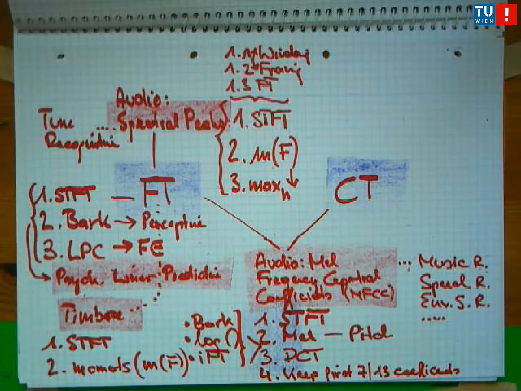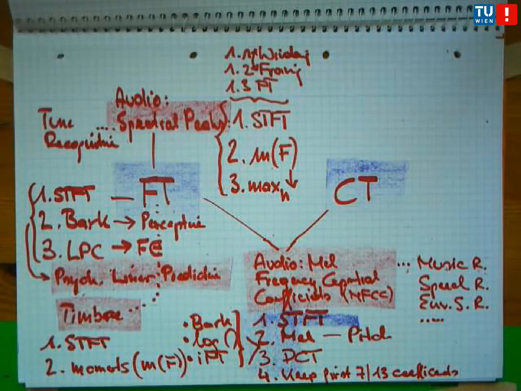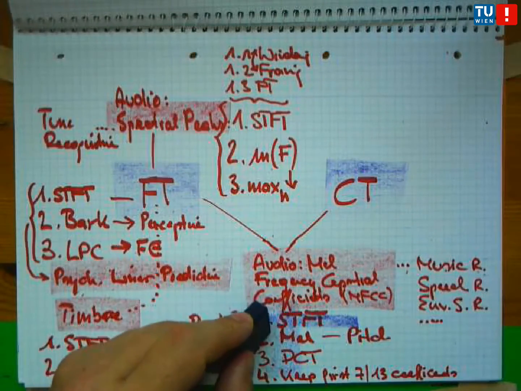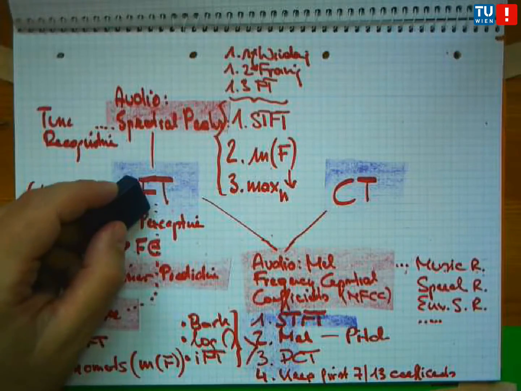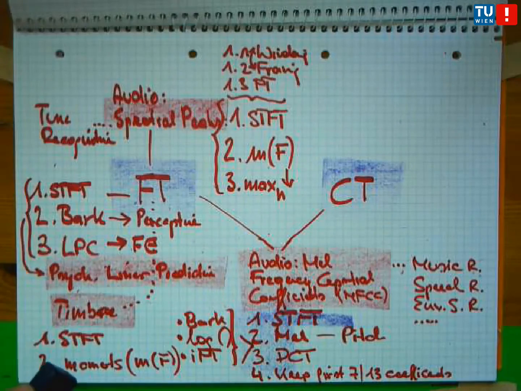So what are the individual components? Obviously, short-time Fourier transformation brings us with windowing, for example, a Hamming window, into the spectral domain. So all the coefficients now are the similarity of certain almost sine waves to the input signal.